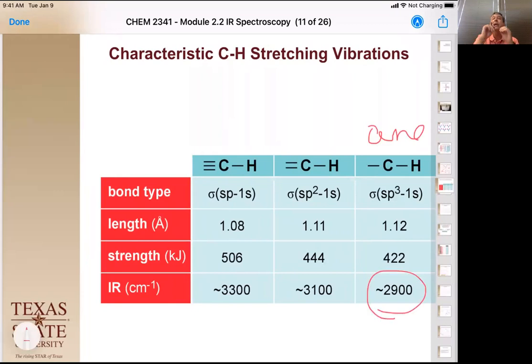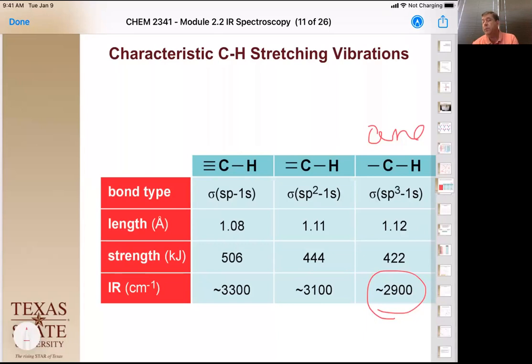It has to do with the idea that the bond between the carbon and the hydrogen is actually longer because of the amount of P character in that bond. It's 3/4 P character, 1/4 S character, giving us a slightly longer bond and a lower energy. That lower bond strength gives us a lower frequency.